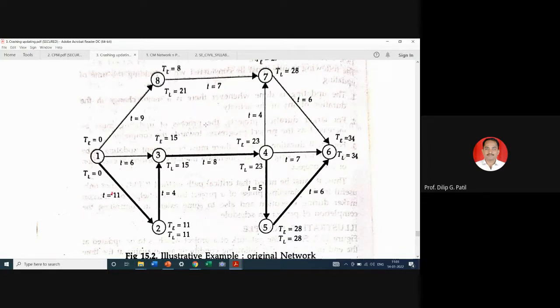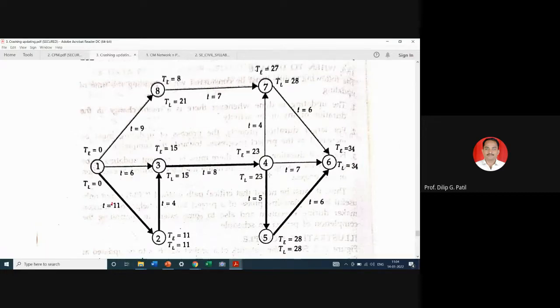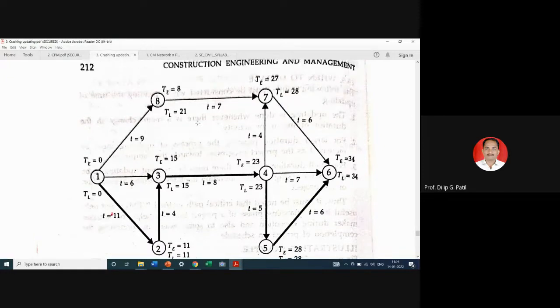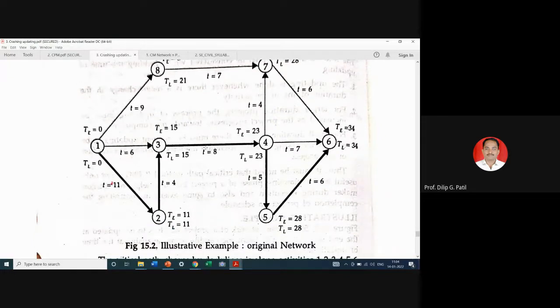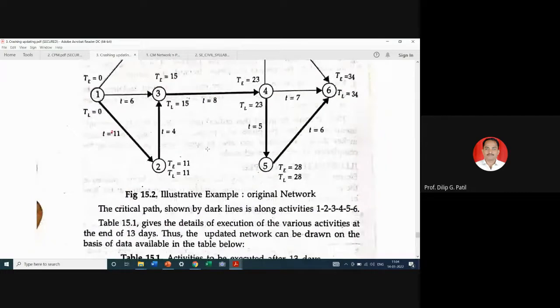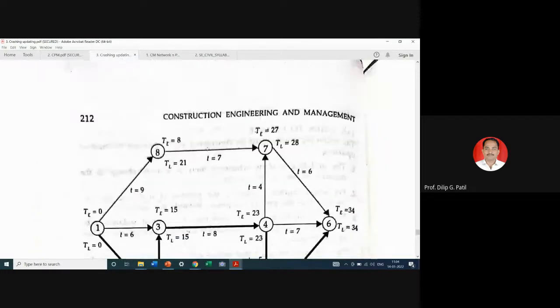So is there any difficulty in calculation of critical path or deciding critical path project duration by using TE and TL values?